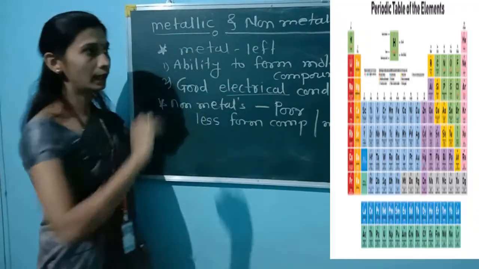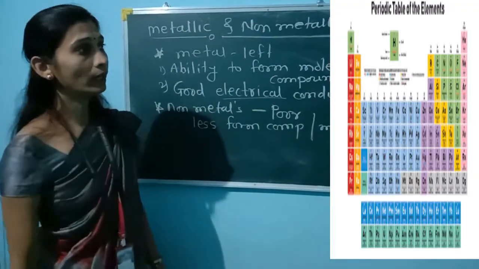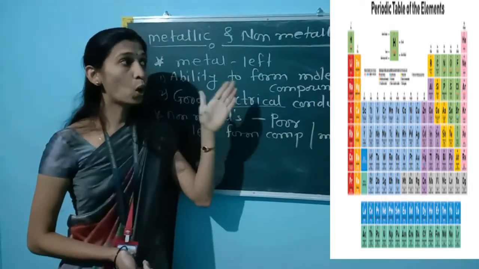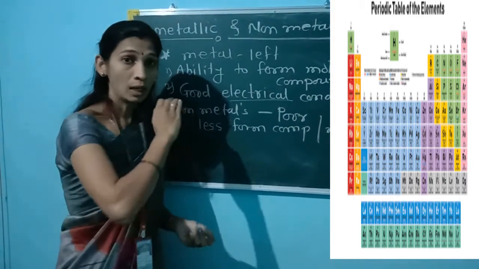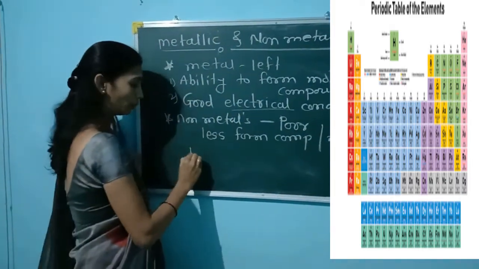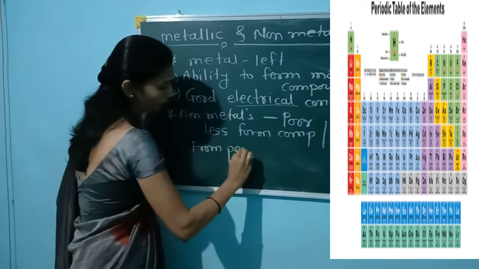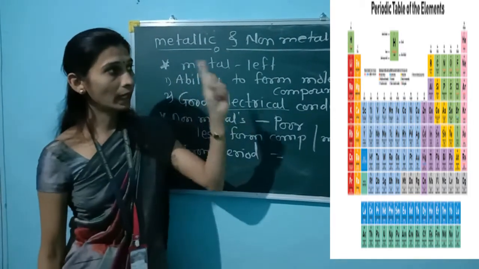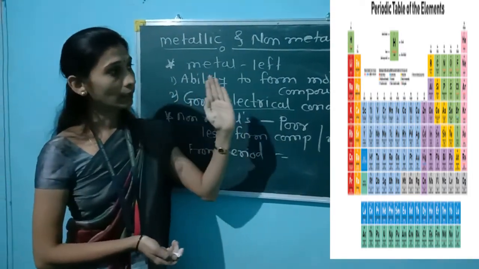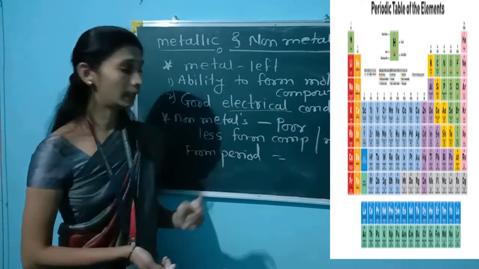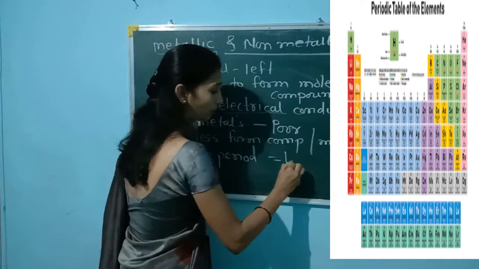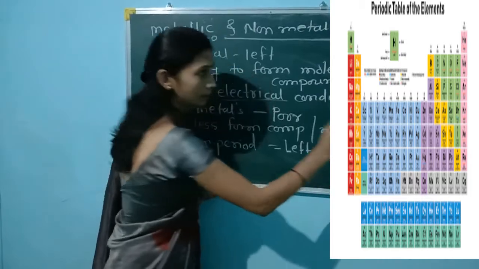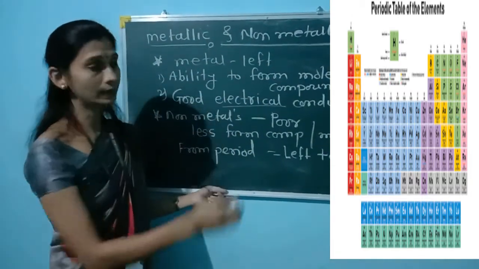Now, considering the metallic as well as non-metallic properties in the periodic table, the metallic character goes on decreasing across the period, that means from left to right, because non-metals are present on the right side and metals on the left.